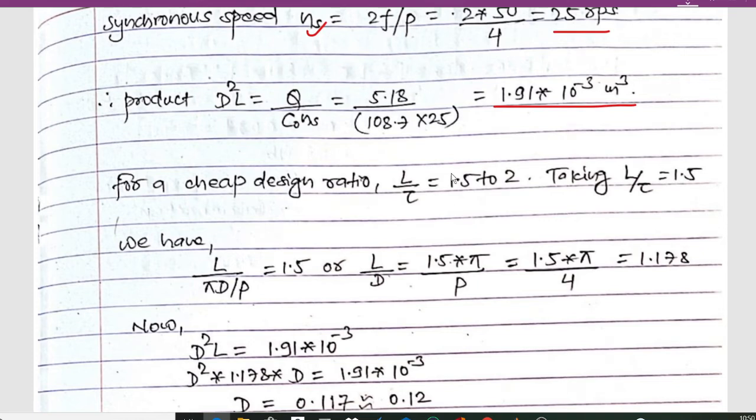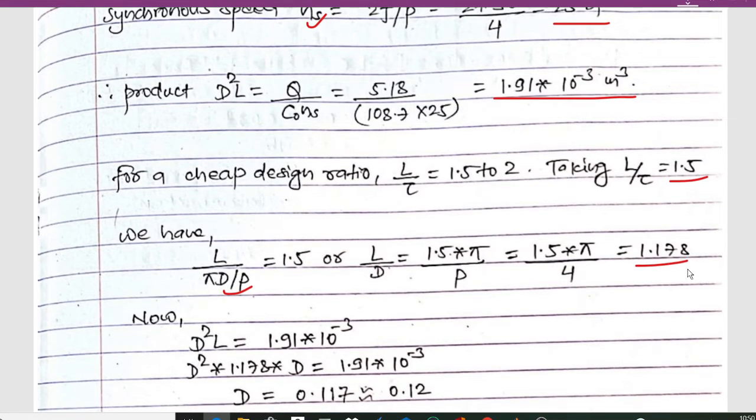Now for a cheap design the value of L by tau will be between 1.5 to 1.2, so taking L upon tau as 1.5. In place of tau we have pi d upon p, so pi d upon p equals 1.5, and L upon d is going to give 1.178.